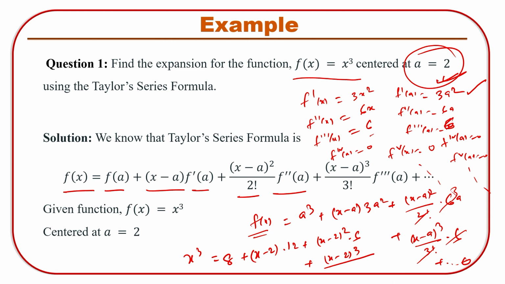So, now x cube is nothing but 8 plus 12 into (x minus 2) plus 6 into (x minus 2) whole square plus (x minus 2) whole cube. That will be your answer.